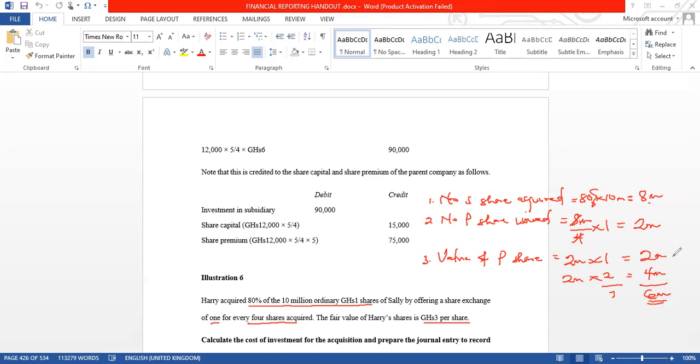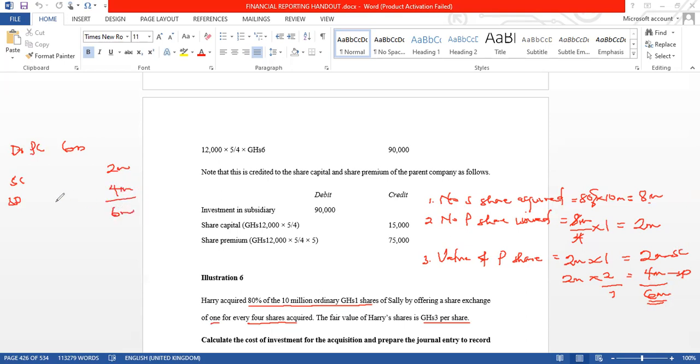This one is going to our stated capital. This one is our share premium. If we are to pass the journal, we are going to debit our purchase consideration with 6 million and credit stated capital with 2 million and share premium 4 million.